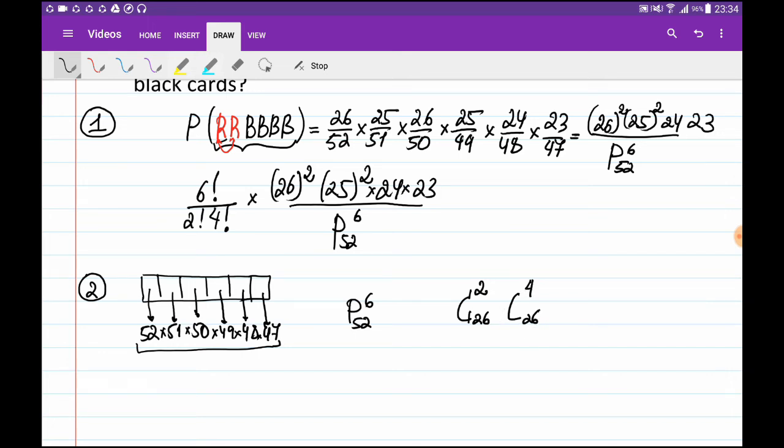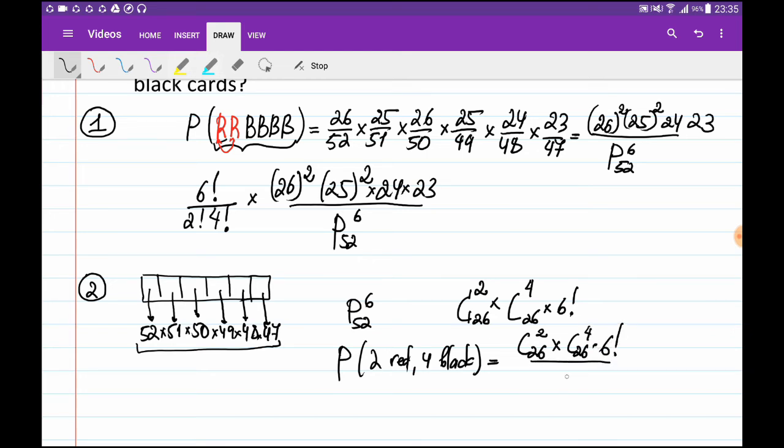So the number of ways of choosing the 2 red cards and 4 black cards is their multiplication. Once we have chosen them, we need to multiply this by 6 factorial since the order is important. So the probability of choosing 2 red and 4 black is the combination of 26 and 2, times the combination of 26 and 4, multiplied by 6 factorial, divided by the permutation of 52 and 6.